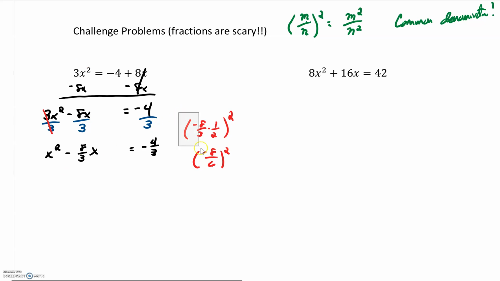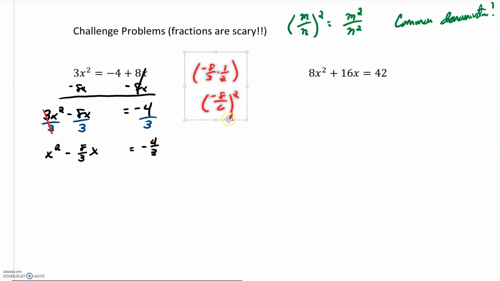I'm going to add to both sides here. I made these a little bit too close, so let me move these up. To both sides of this fraction, I am going to add 64/36.